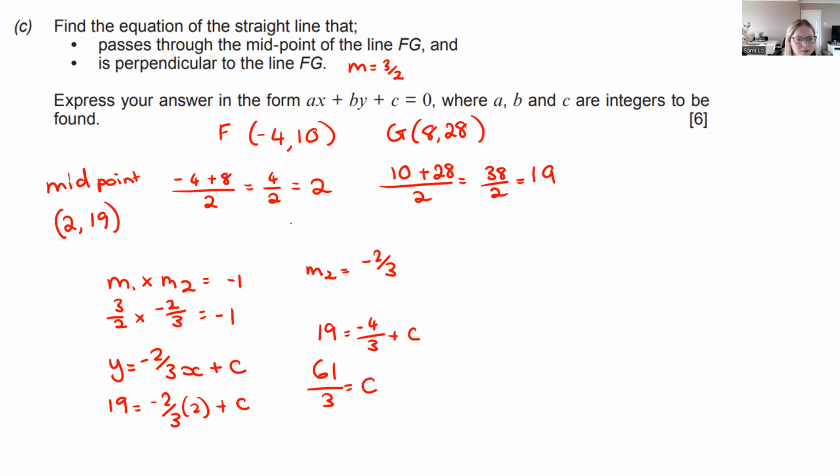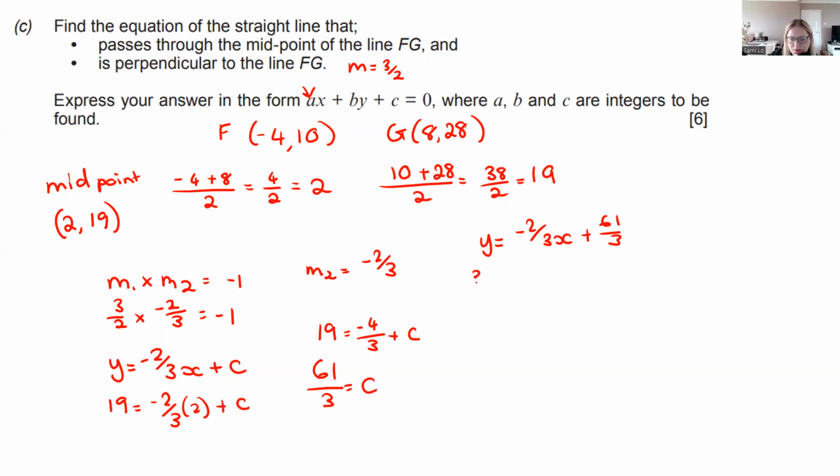Once I'm at this point now, I've got my c value, so I've technically got my y equals mx plus c, but I need it in this format. So y equals -2/3 x plus 61 over 3. And all I'm going to do is times by 3 first, because I'm going to get rid of that 3 on each one.